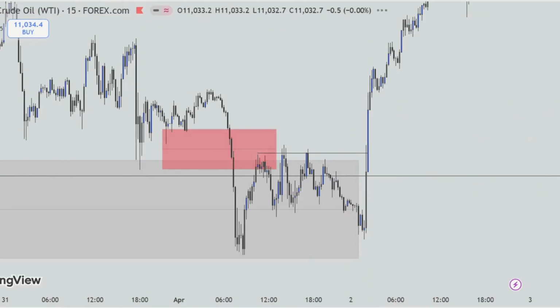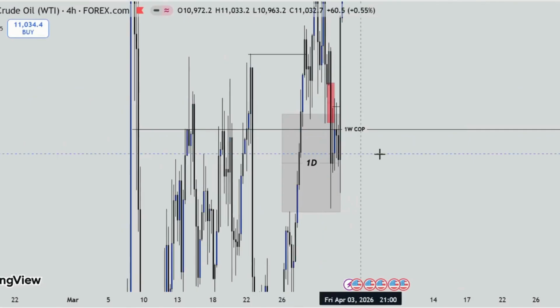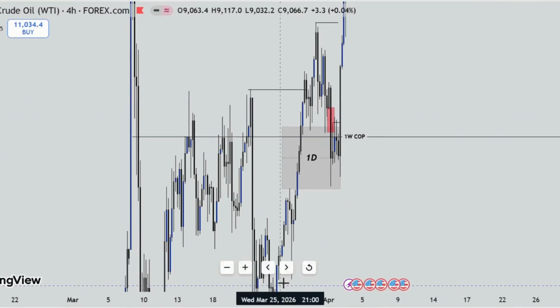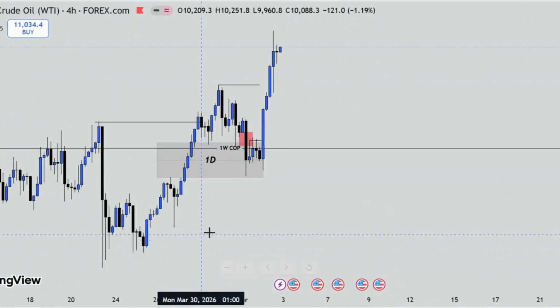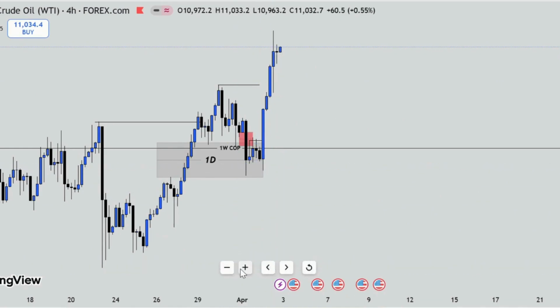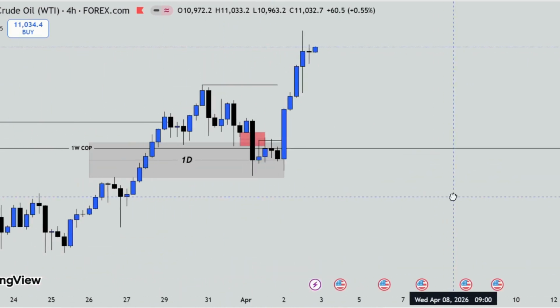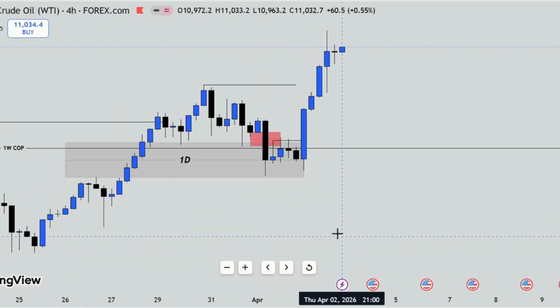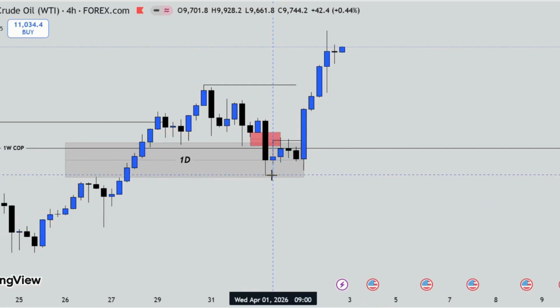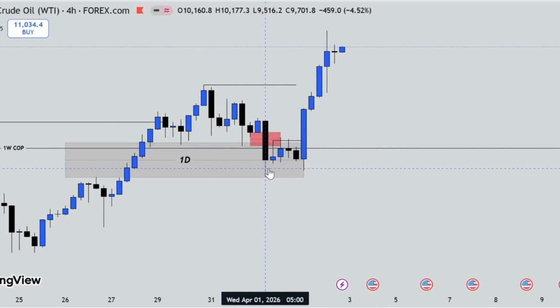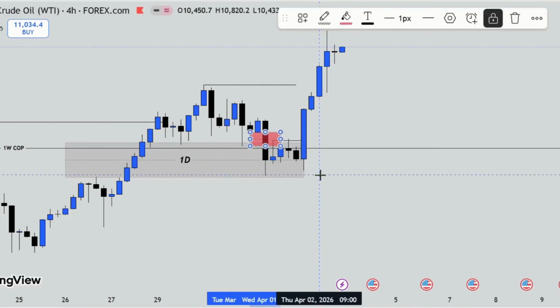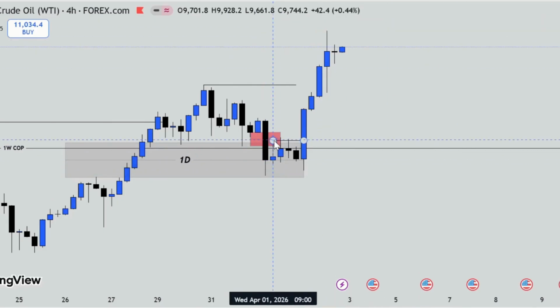Now this takes us back to the 4 hour time frame. Let me zoom this. On the 4 hour time frame here, we see price tap into this red zone and reject. But while it was rejecting, it formed a bullish candle here.